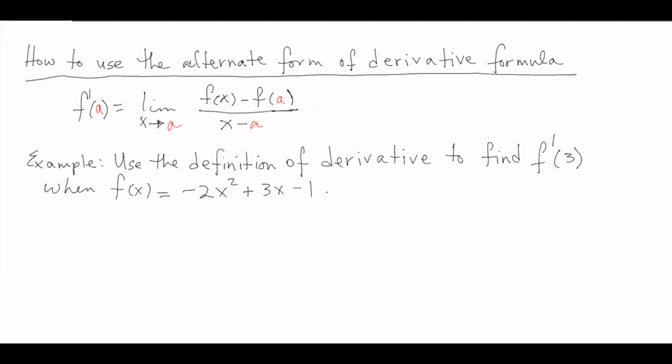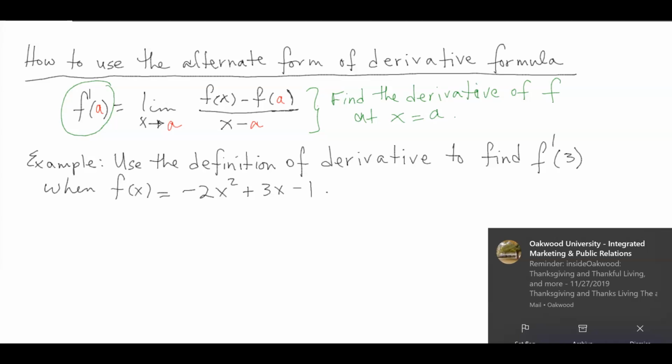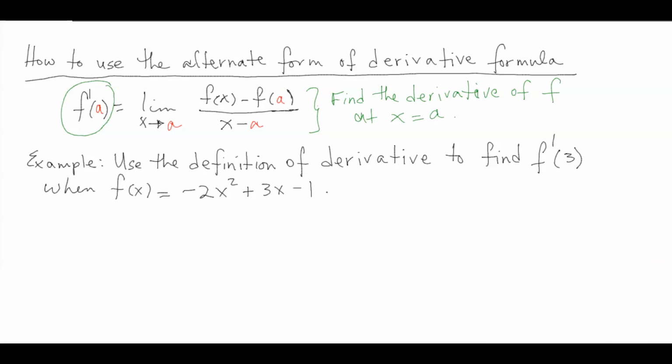So this formula allows us to find the derivative of f at x equals a. Another way to say that is to find f prime of a. So f prime of a is equal to the limit as x approaches a of f of x minus f of a over x minus a.